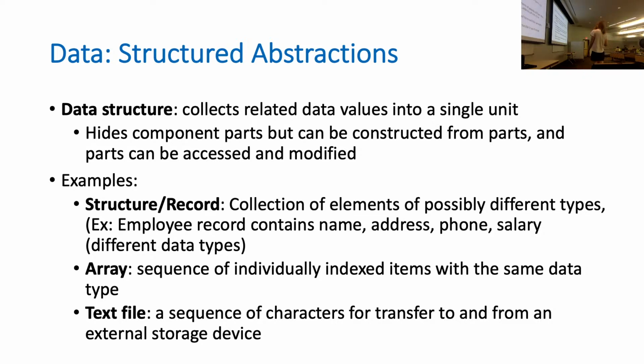We also have data structures, where we're collecting related data values into a single unit, and we can hide the component parts, but the parts can all be accessed and modified from the structure. For example, we have a structure, a record, an array or a text file. In an array, a sequence of individually indexed items with the same data type.